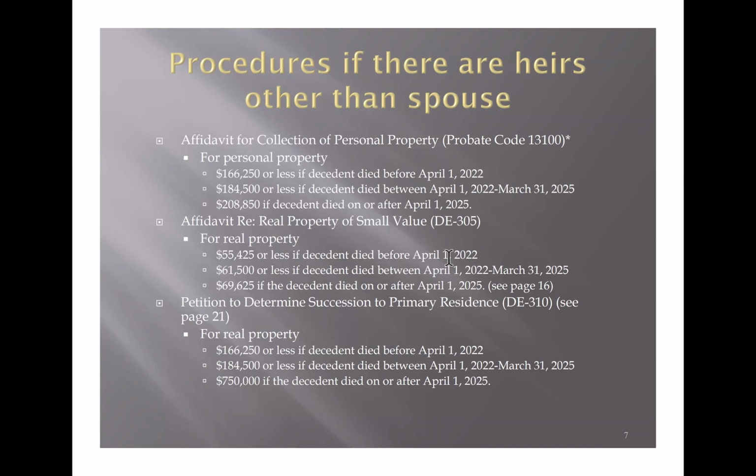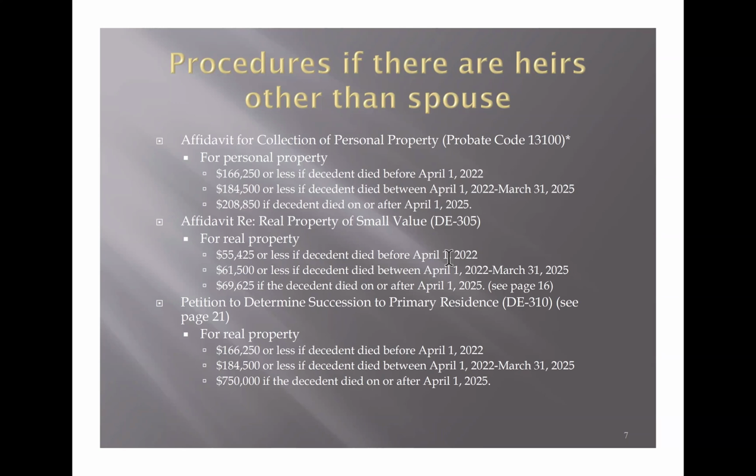And you now can go up to $208,850 without having to do a full probate. If there is real property, there are currently two available procedures. One is the affidavit real property of small value.